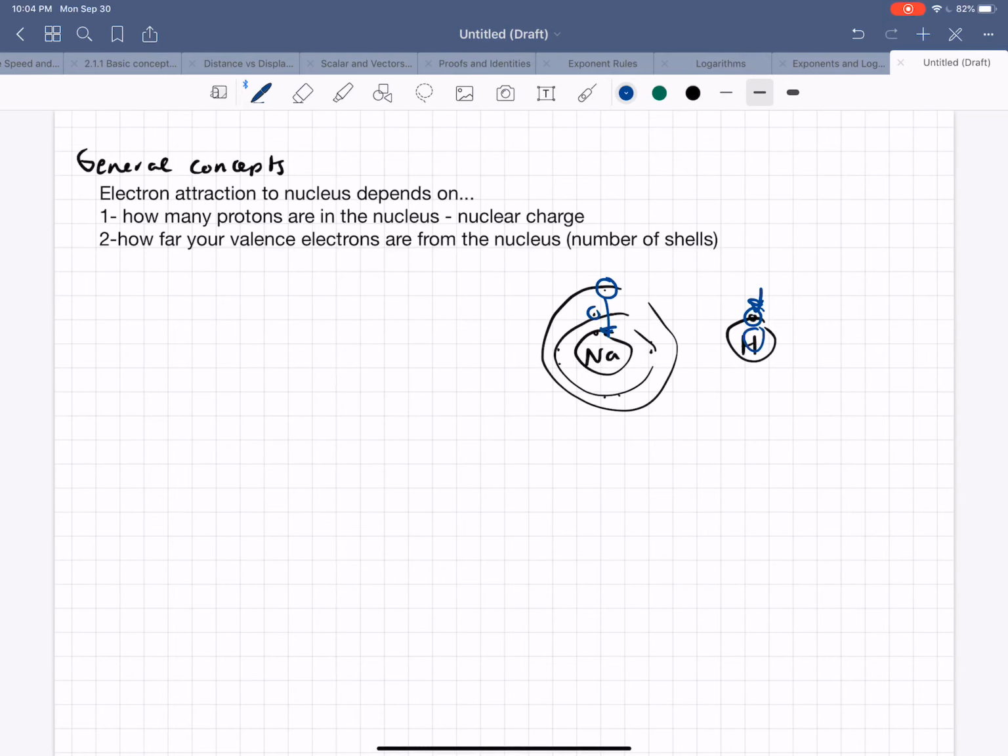All the other electrons beneath this outermost electron are called shielding electrons, and these shielding electrons essentially consume the positive charge of the nucleus before it can get to this outermost electron. This means removing this electron is easier than removing this electron.